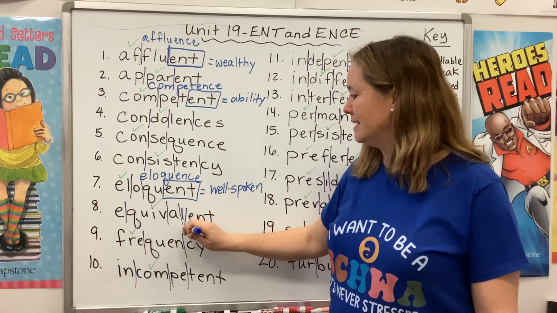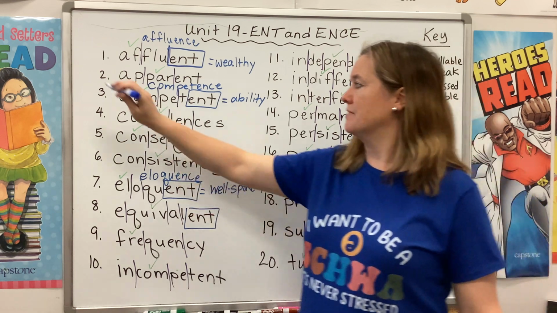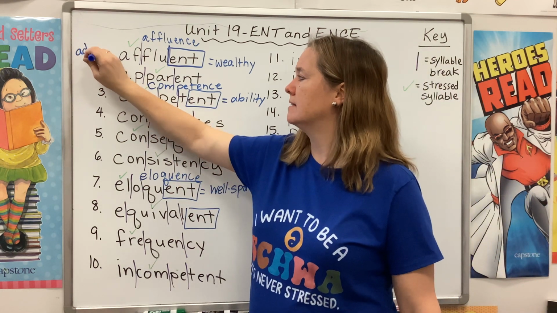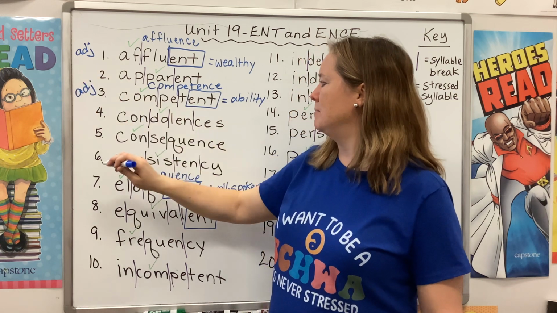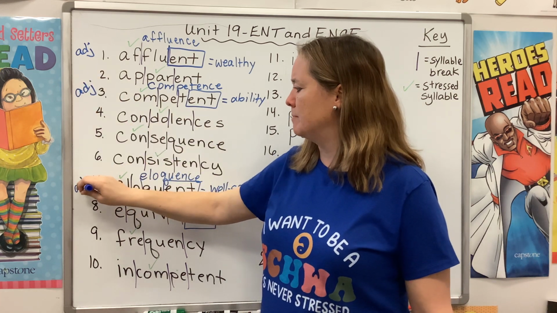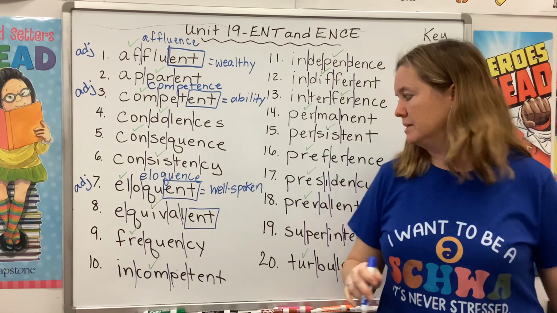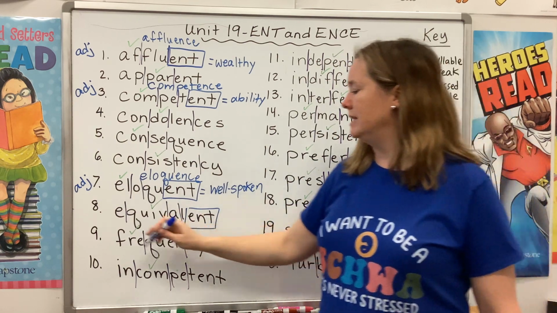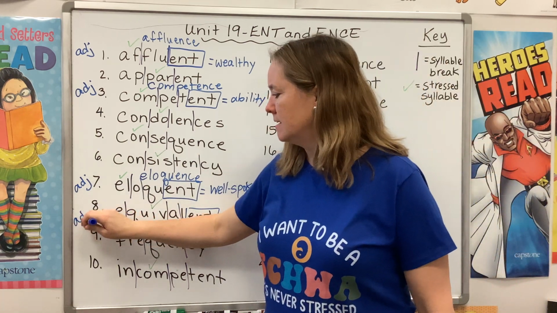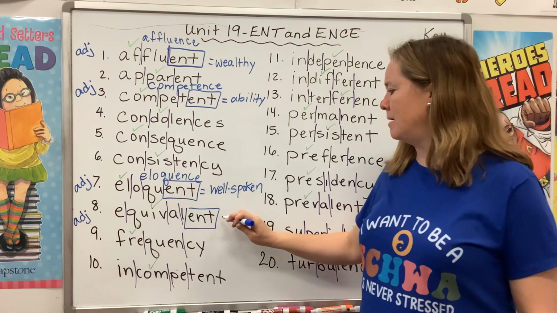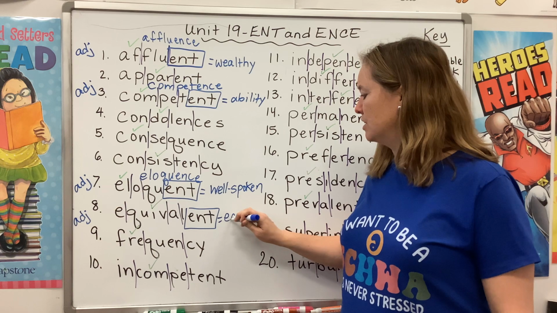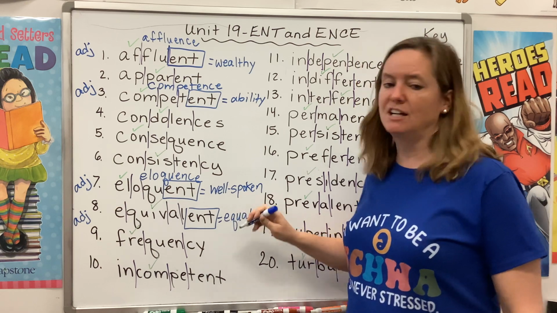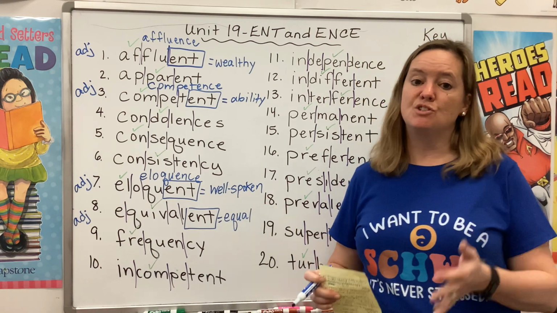Equivalent is another adjective. I'm going to put ADJ next to each of those to remind myself that all the words we're talking about right now are describing words. So equivalent means equal, right? You've probably heard this in math class. You probably have worked with equivalent fractions like 1/2 and 2/4.